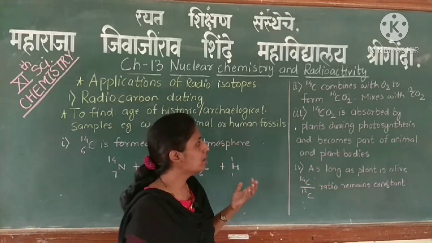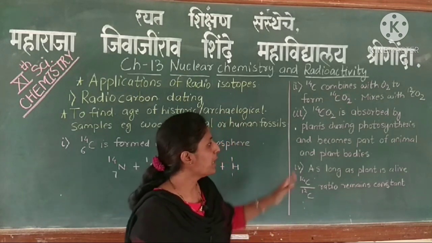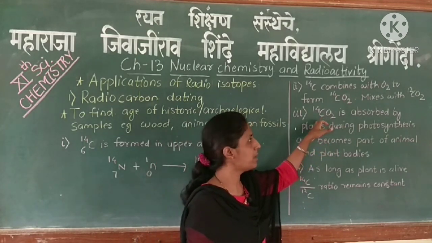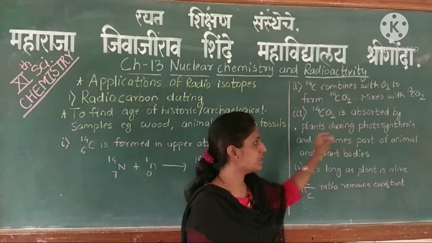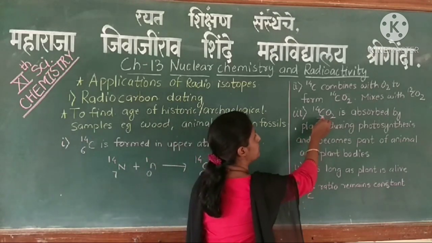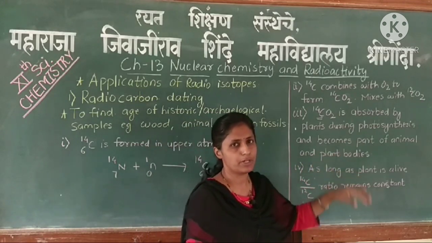We know that plants use carbon dioxide for making food, and these plants absorb the carbon dioxide having carbon-14 isotope during photosynthesis, and in this way carbon-14 becomes part of our animal and plant bodies.